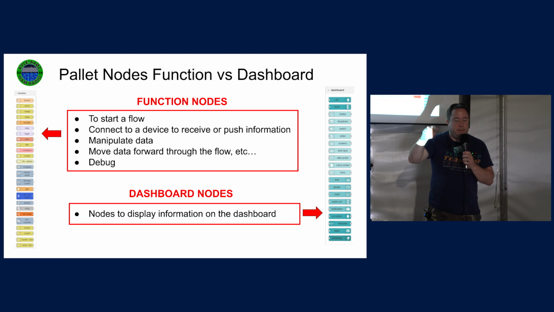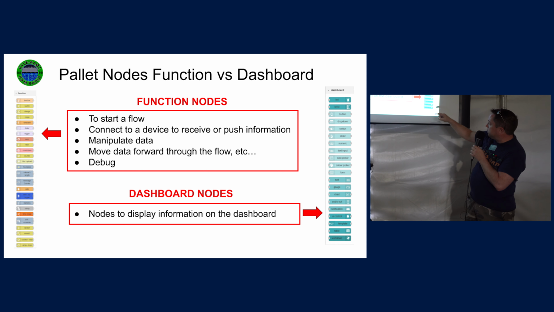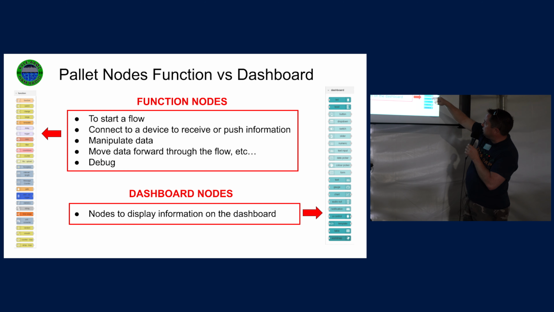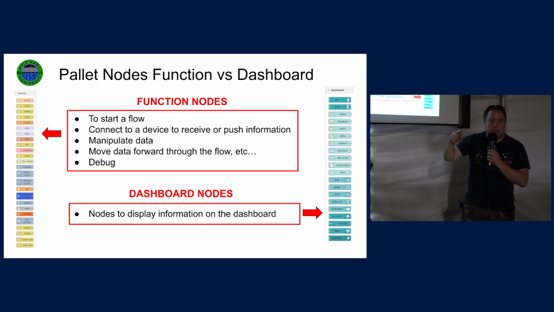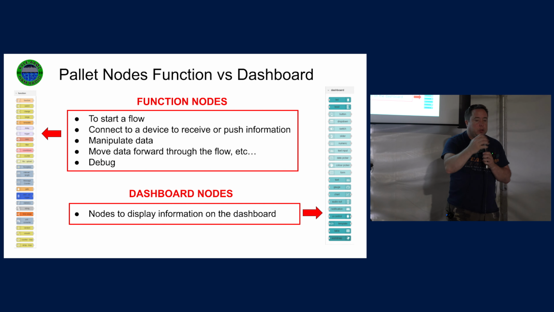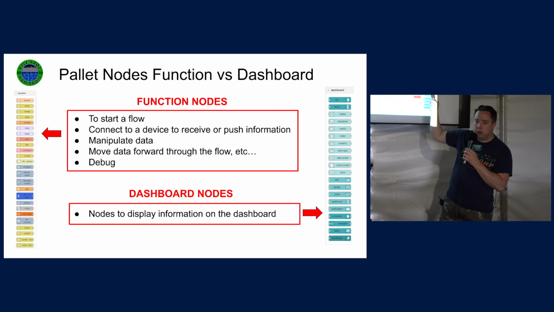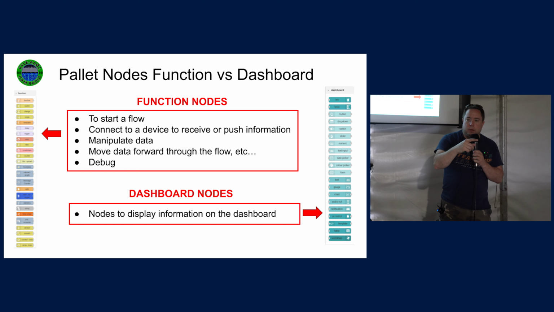Well, it's going to send the value 50 to one of these nodes, let's say a gauge, which is the gauge dashboard node right there. So it's going to come in as 50. You've got to make sure that the value coming in is a numerical value, and that it's in range of what you configured your gauge to be. And then if all of those parameters are met, it displays it on the dashboard.